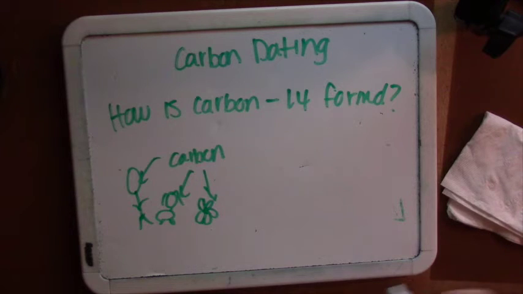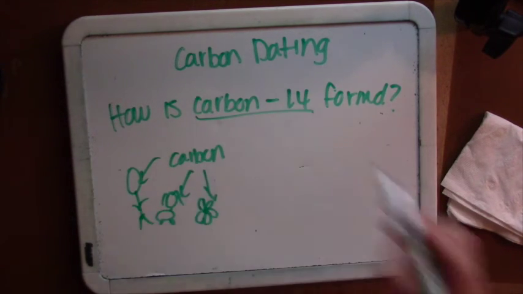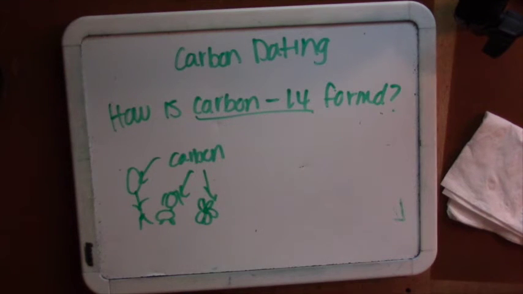Because of this, all living things contain carbon-14 at the same amount which is present in the environment. This amount is really small, and only 1 in 850 billion carbon atoms are the isotope carbon-14. The others are not radioactive.